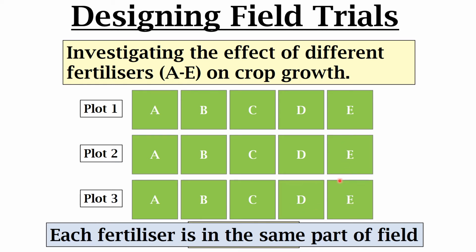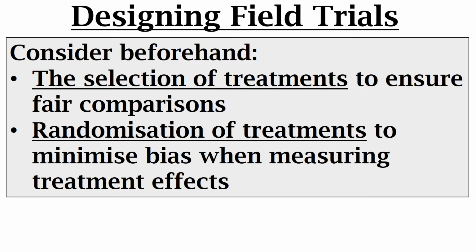It could be that this area is a bit of a slope, so down here you get more water. Again, if someone was to question your experiment, that would be an issue. So what you'd want to do is randomize this. That's the second part. Something you need to consider beforehand is randomizing treatments, in order to minimize bias when you're measuring treatment effects.